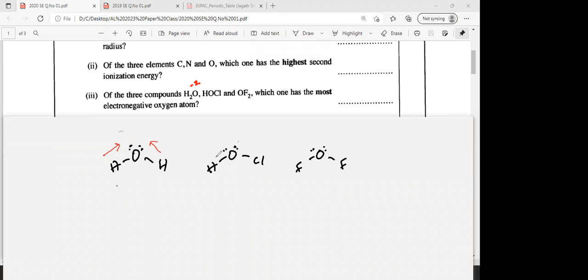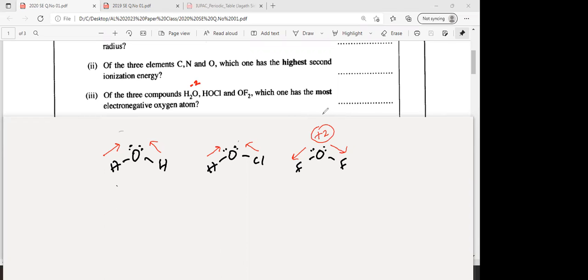Here one electron is attracted toward oxygen. In OF2, fluorine is more electronegative than oxygen, so electrons are attracted away from oxygen and it becomes +2.